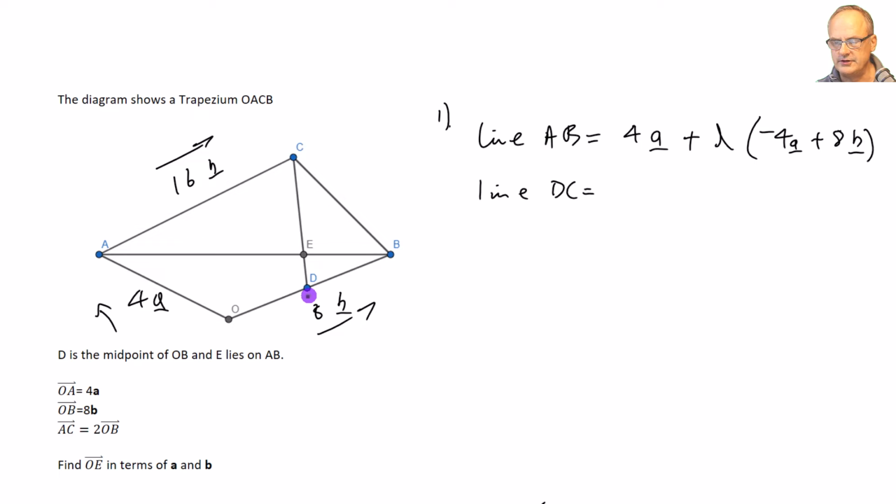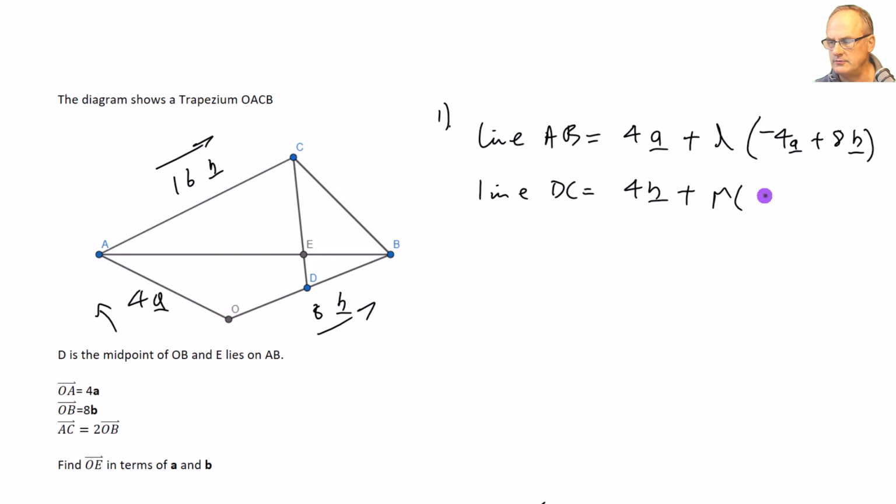Next we're going to find the line DC. That's going to use OD, and we know that D is the midpoint, so therefore that's going to be 4B plus mu lots of, and then we've got to work out what DC is. Now DC is going to be DO plus OA plus AC. So let's just write that down in order to keep it simple.